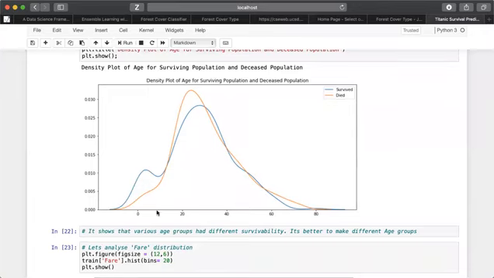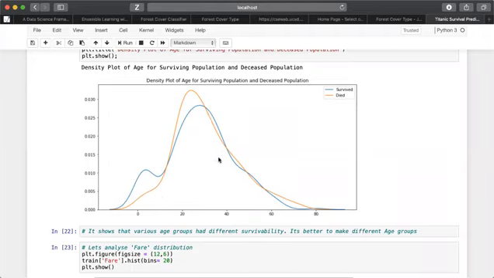From age 16 to age 80, the distribution looks normal with a right skew. But for children from age 0.42 to around 12 to 14, more people in this age group survived, whereas it is the opposite for the age group from 62 to 80. It means different age pockets had different survivability.